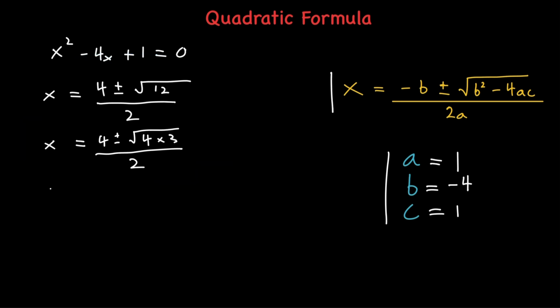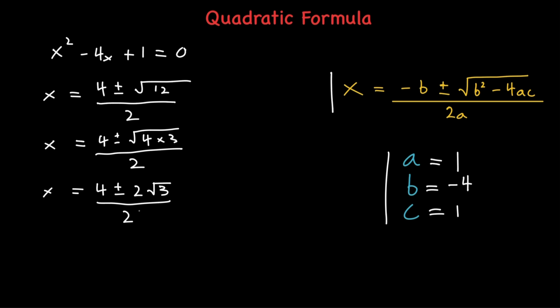So our next line, x equals 4 plus or minus, if we take out the square root of 4, that's a 2 times, and we still have the 3 inside the square root. And all of that divided by 2. Now, can we simplify this any further? Well, 4 and 2 can both be divided by 2.